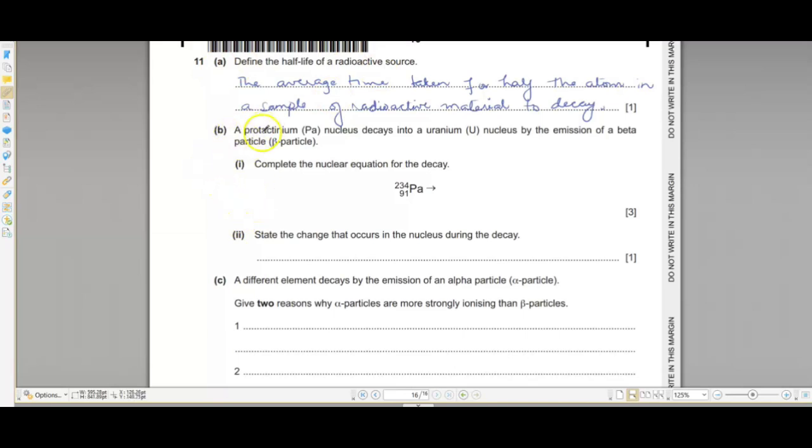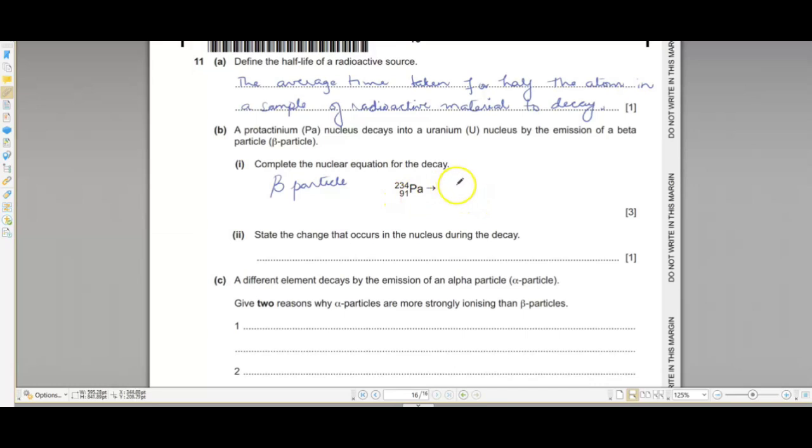Okay. Part B. A protactinium nucleus decays into uranium nucleus by the emission of a beta particle. Complete the nuclear equation for the decay. Whenever there is a beta particle decay, the nucleon number remains the same, whereas the proton number gets increased by 1.